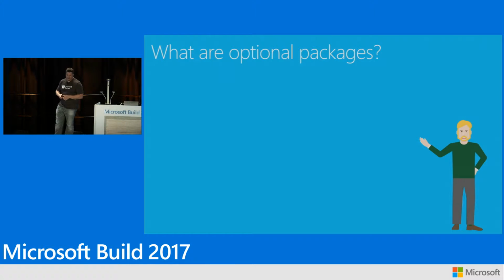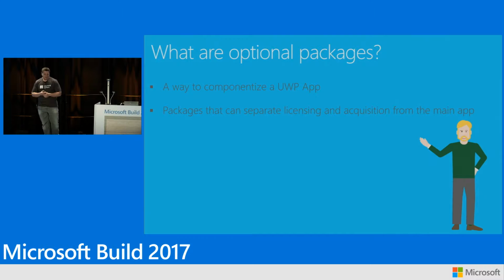So I got this cool little dude here that's going to help me explain what optional packages are. Like I said, it's a way to componentize your UWP app. We had resource packs before, which is the early stages of componentization, but we really want to separate things out. We want to make it so that users don't always have to get a full payload on their device. Maybe you want to license things differently.